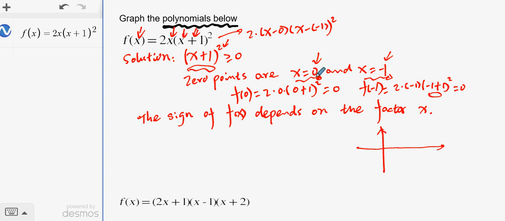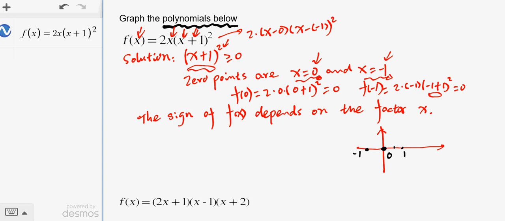Okay, so basically the picture will be like what? You have a 0 point. It's here. Another is -1. Here is 0. Here is -1. And then you may see x is greater than 0. Let's say here is 1.